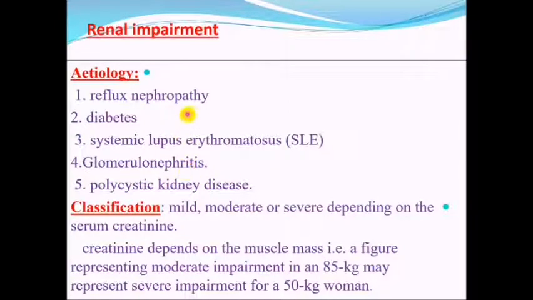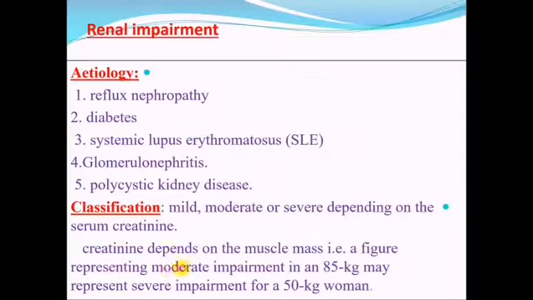We can classify renal impairment into mild, moderate, and severe, and this classification depends on the level of serum creatinine. However, the creatinine level depends on the muscle mass.